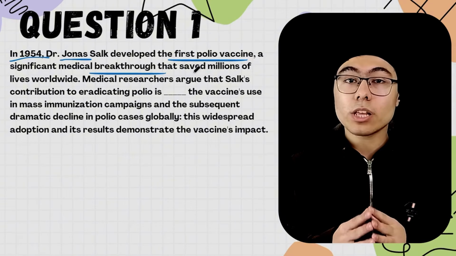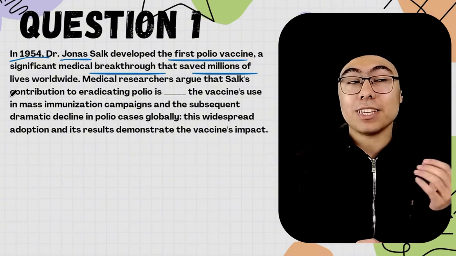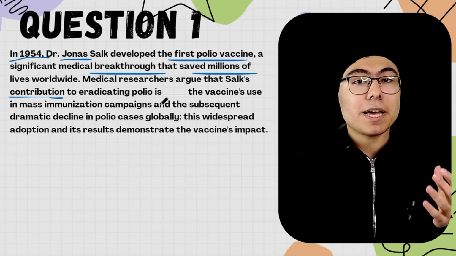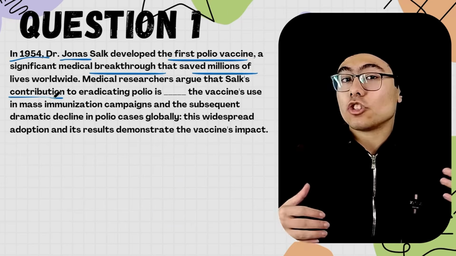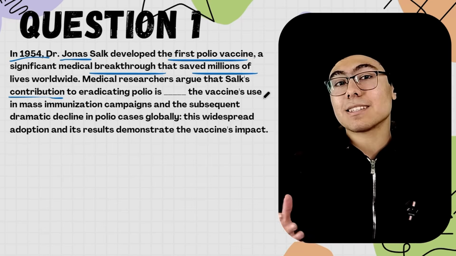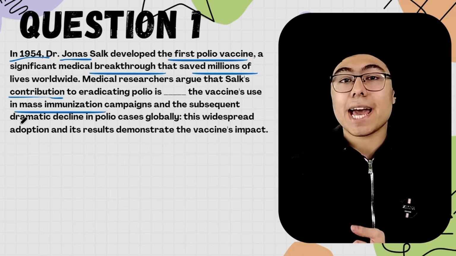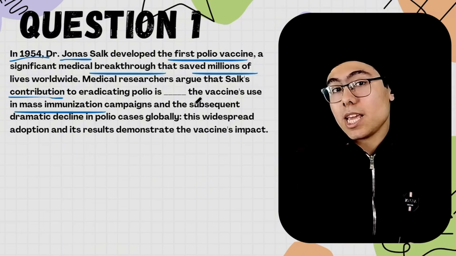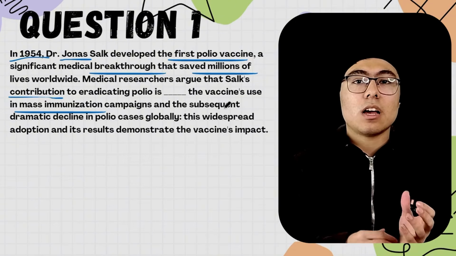But here's the real question: how do we measure the impact of this man's work? Medical researchers argue that Salk's contribution to eradicating polio is evident in the vaccine's mass immunization campaigns and the dramatic collapse of polio cases worldwide. So let's break this down step by step.